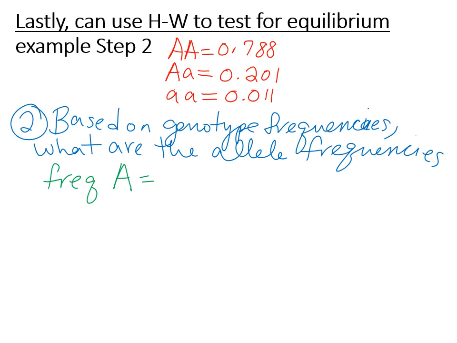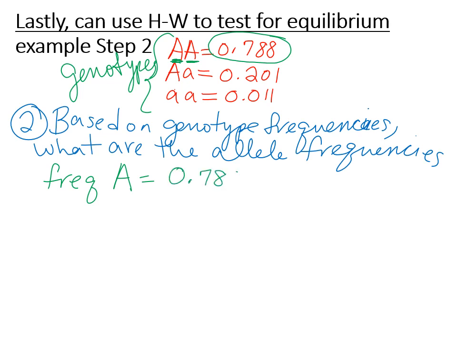We now want to do first the frequency of our first allele, capital A. In order to do that, you go to your genotype frequencies and ask yourself, where do you see the letter A? I'm going to do the second option that I showed you, using the genotype frequencies themselves. The frequency of capital A is this whole top number, the whole homozygous dominant frequency, plus, where else do we see it?